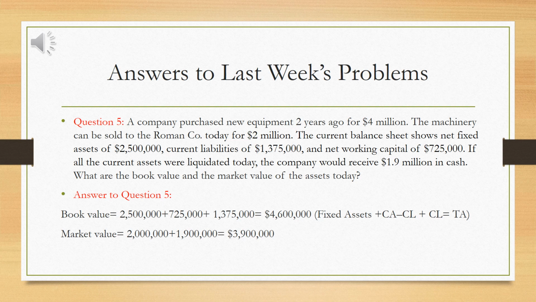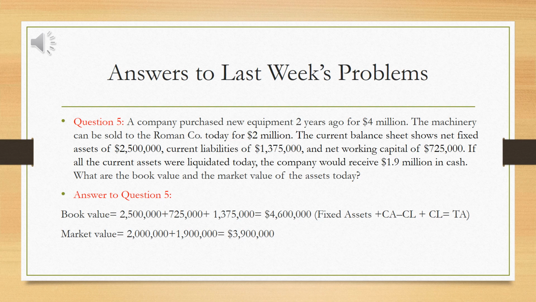In question number 5, we are required to find the book value and the market value of total assets. Before we start with the book value, remember that total asset equals current assets plus fixed assets. And since net working capital equals current asset minus current liability, then current asset equals net working capital plus current liabilities.